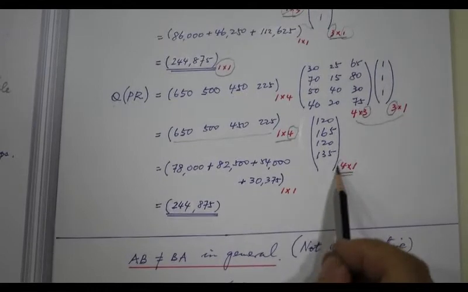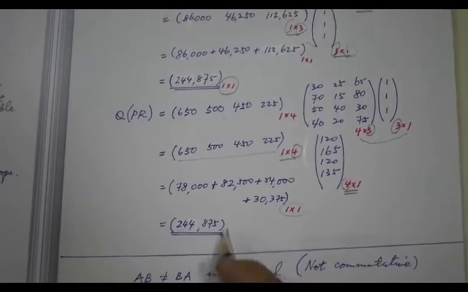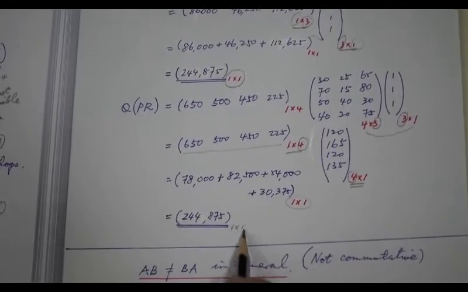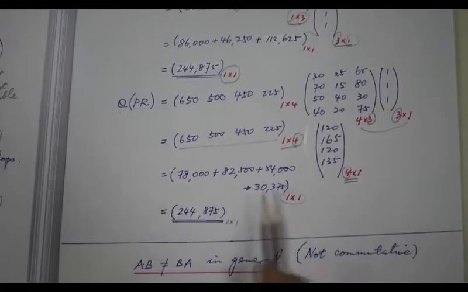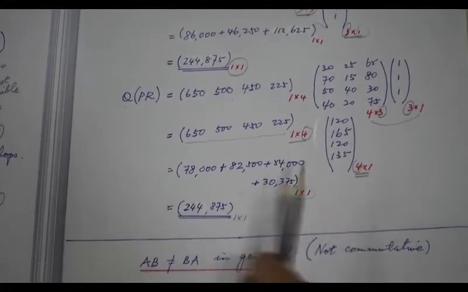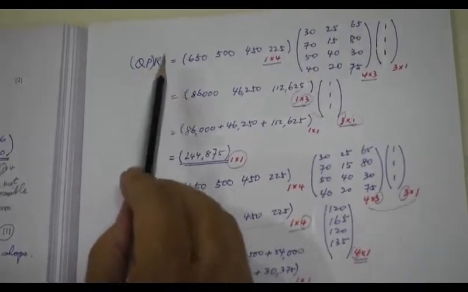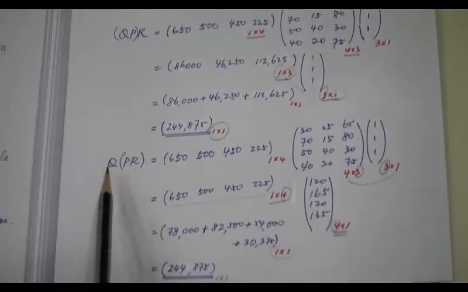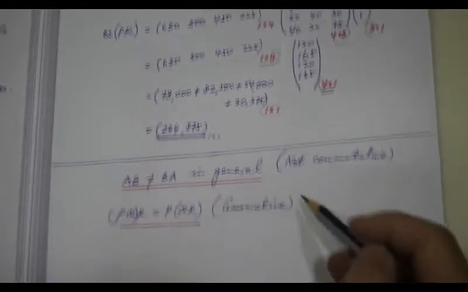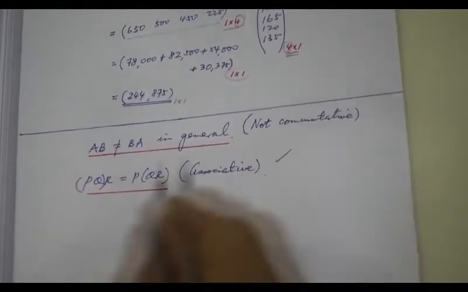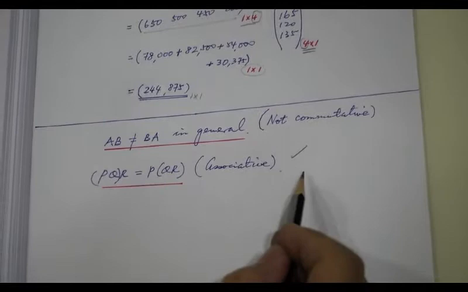So 4 and 4 are the same. I get a product which is 1 times 1. It's alright to leave this if you want the number in your answer, but what I'm trying to show is QP first multiplied by R equals Q times PR. Therefore, we say matrix multiplication is associative.